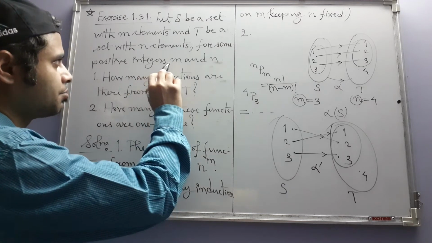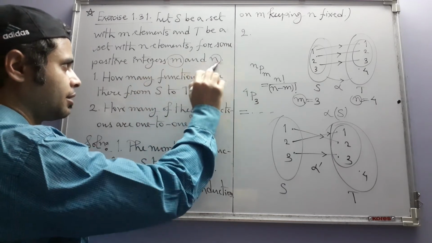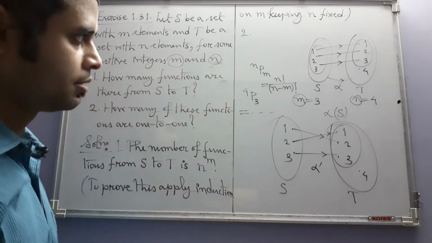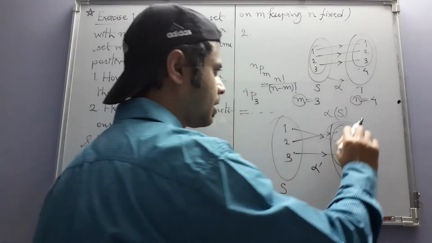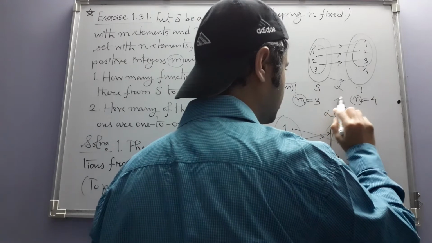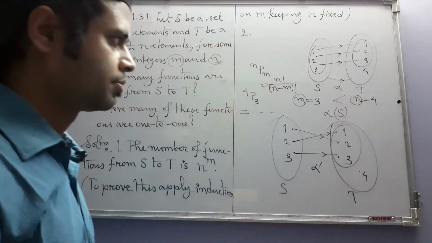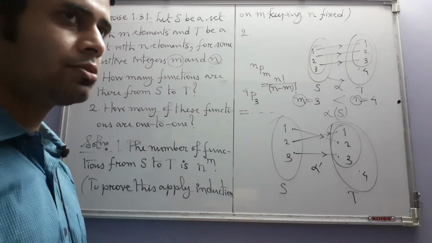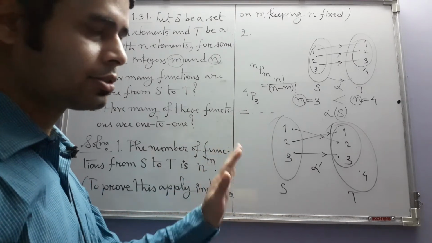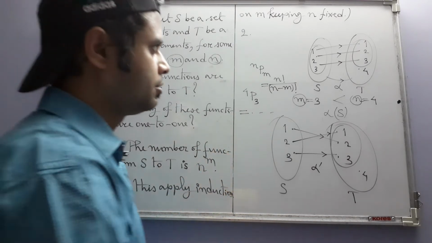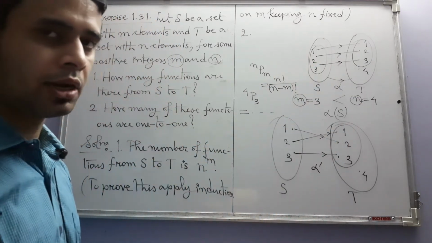We have just been given that m and n are some positive integers. Note that in this particular example, our n is greater than m. n can be equal to m also. In that case also, the same technique can be applied.